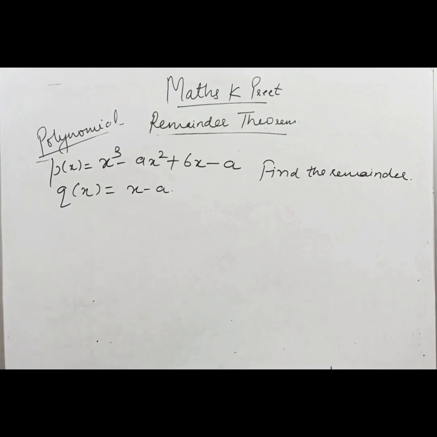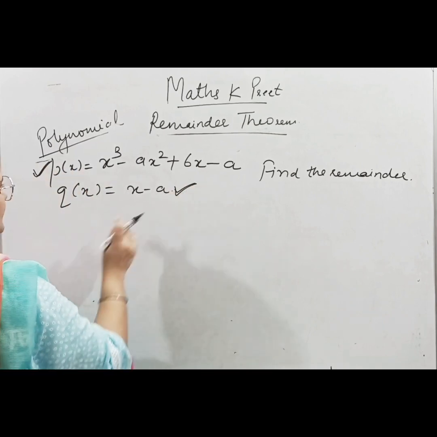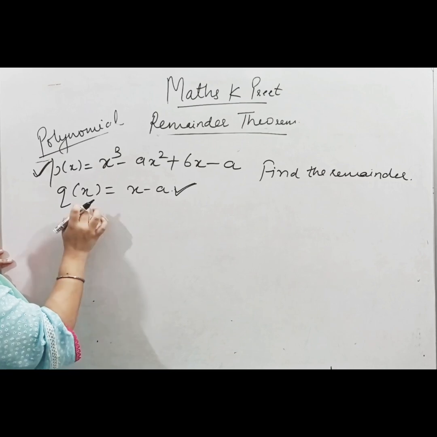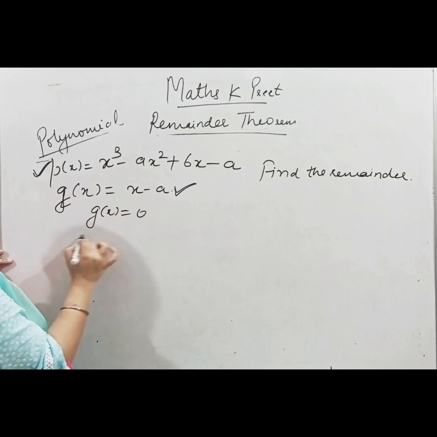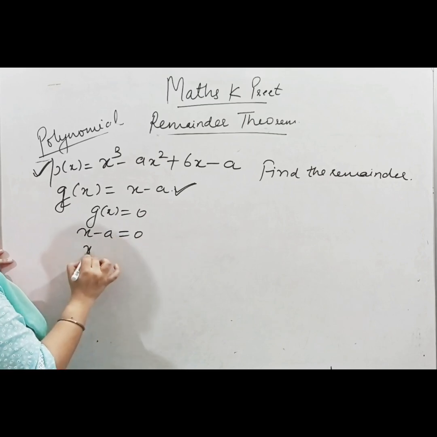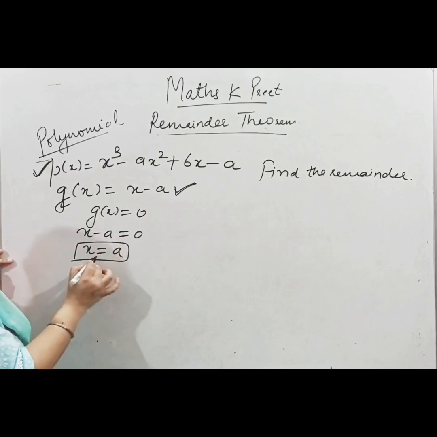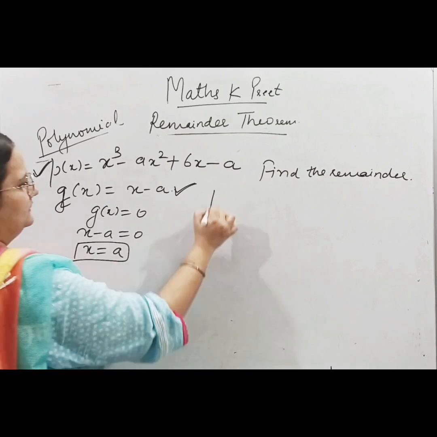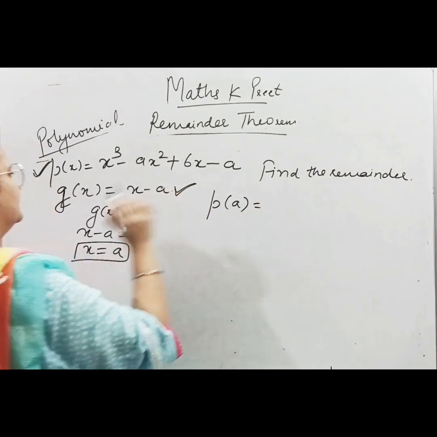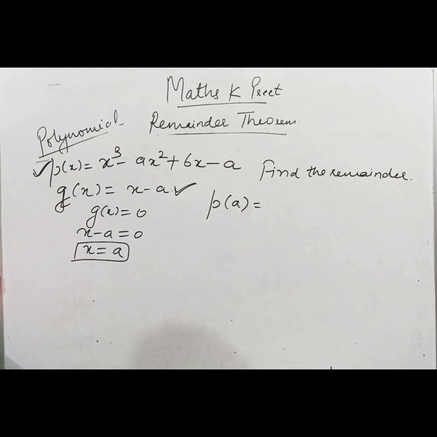So we'll see here, the first polynomial is of degree 3, which is greater than or equal to 1, fine. This is a linear polynomial, fine. So here we will equate the second, take g(x) equal to 0. So we will get the value of x as a. Now this value of x, that is a, we will put in the dividend and we will get the remainder directly.